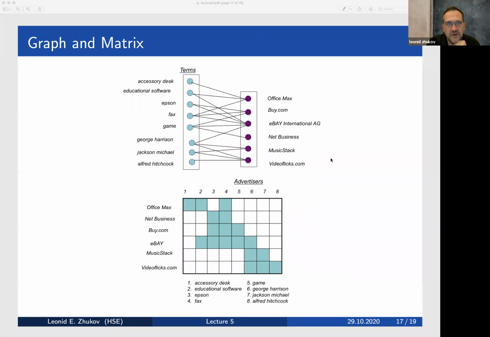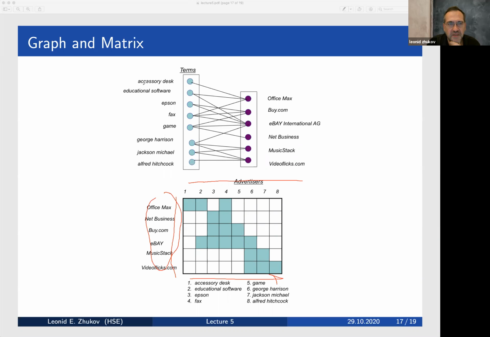It's also good to notice that bipartite graphs are naturally represented as tables. This is not an adjacency matrix. It's a table, which means you have one type of node shown along one dimension and another type of node shown along another dimension. Here we have advertisers, and here we have the keywords they advertise upon.